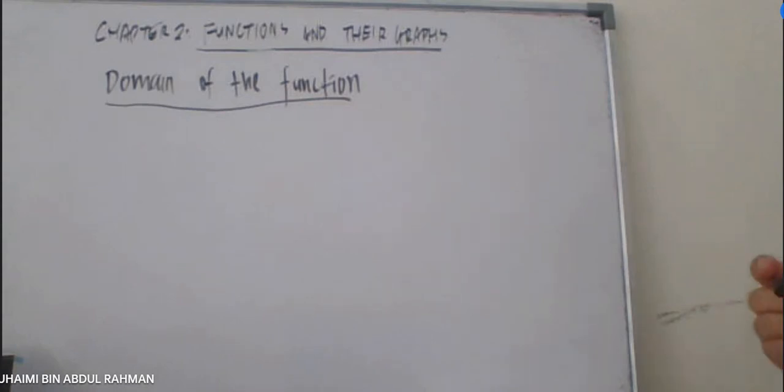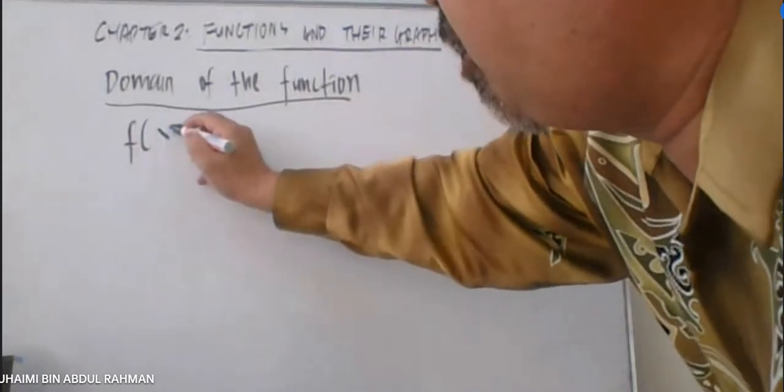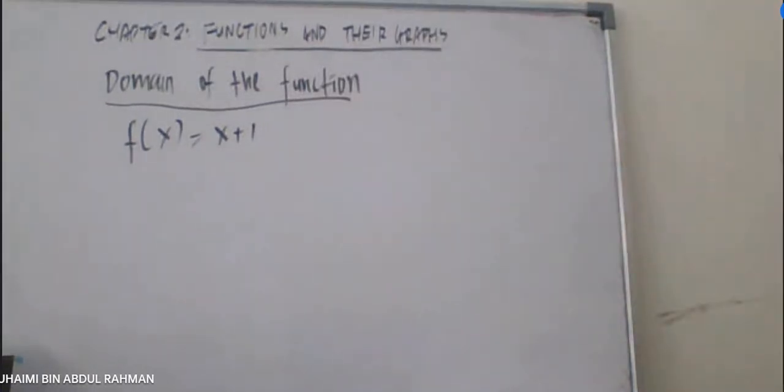For example, we go back to the function f(x) equal to x plus 1. When we look at this function, the variable in this case is x.